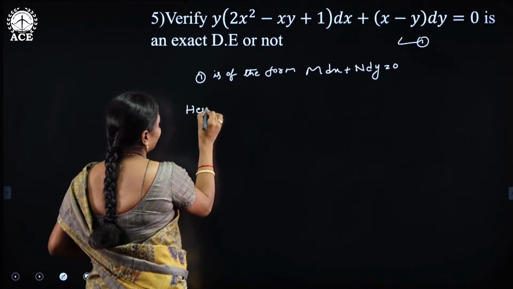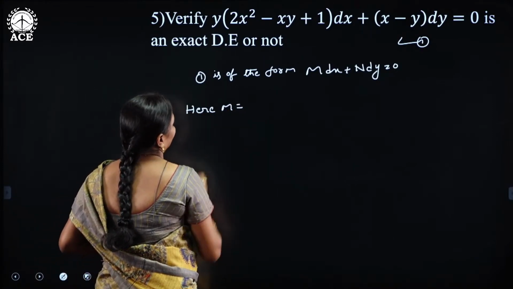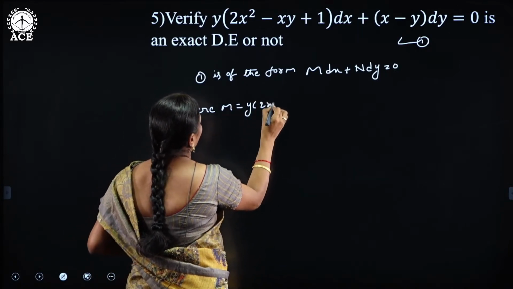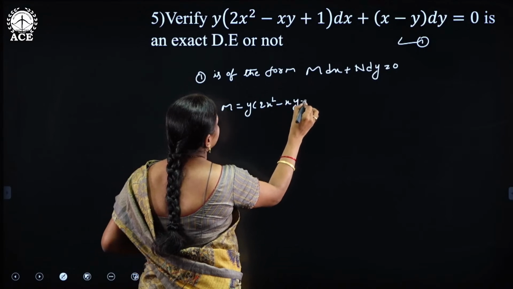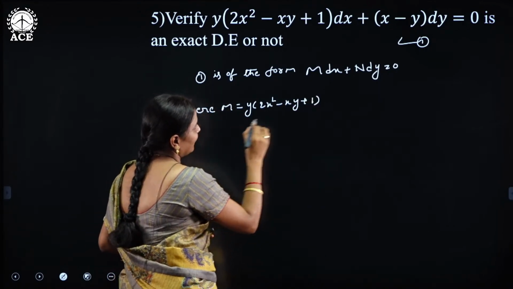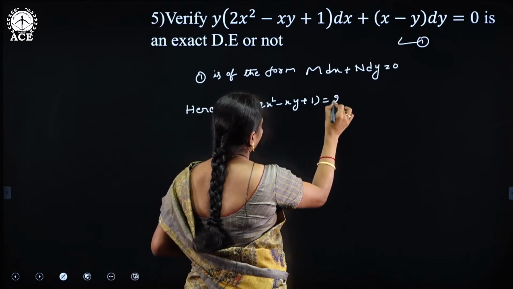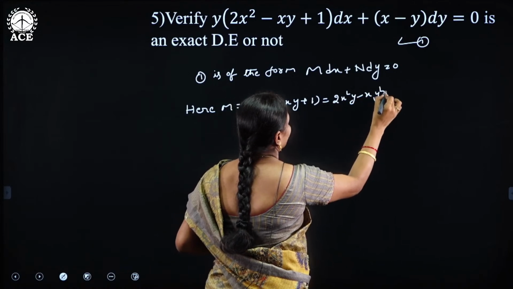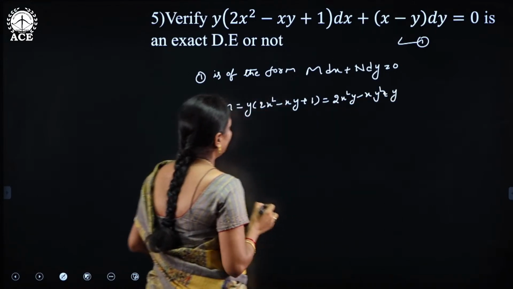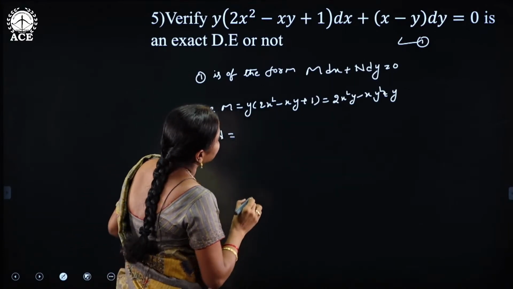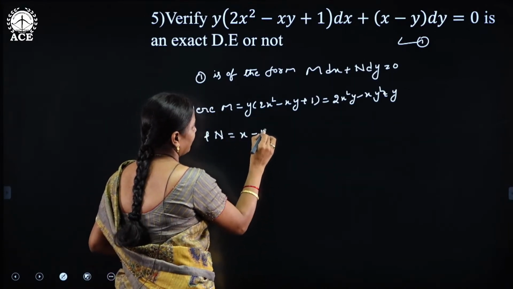Here identify m and n. What is the m? M is equal to y into 2x square minus xy plus 1. If we multiply this total expression with y, that can be written as 2x square y minus xy square plus y. And what is the n? N is equal to x minus y.